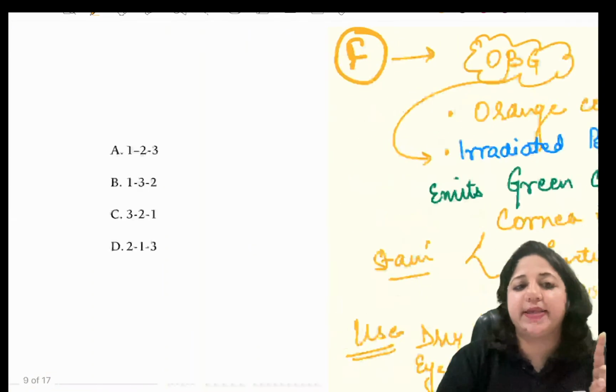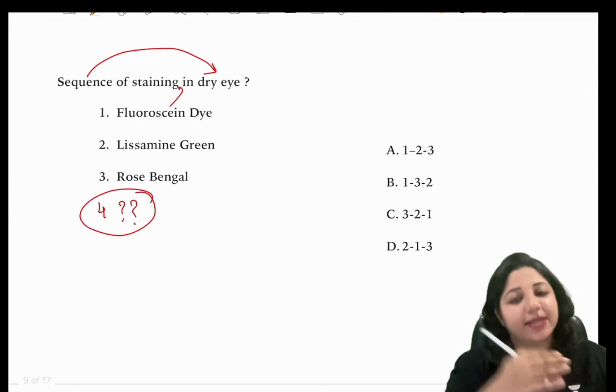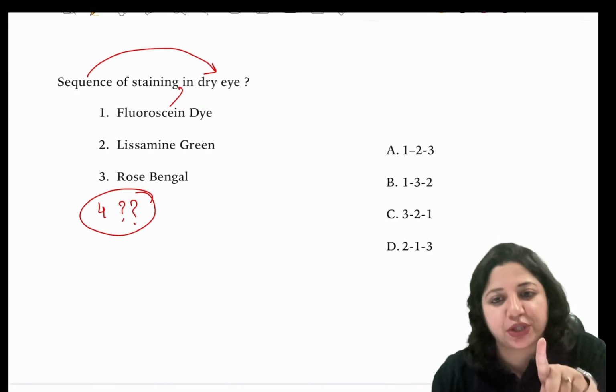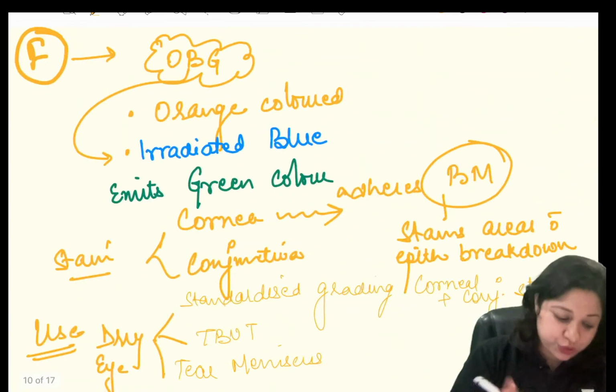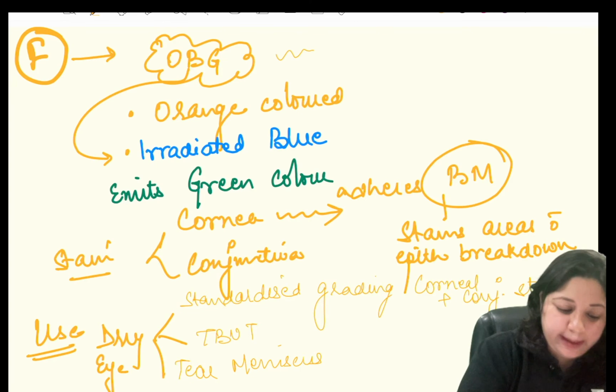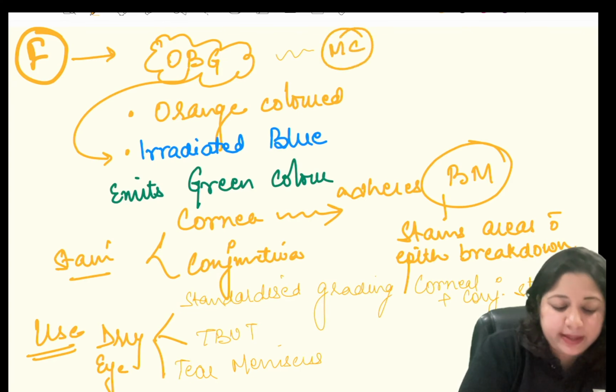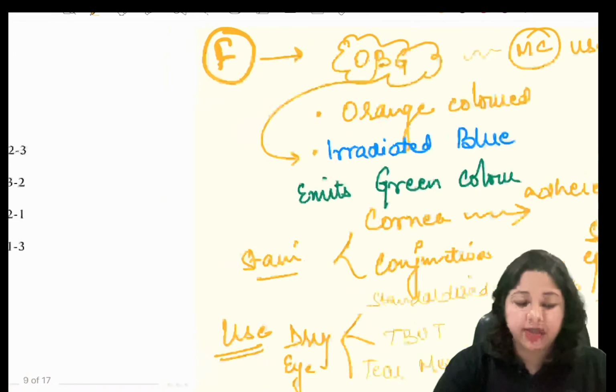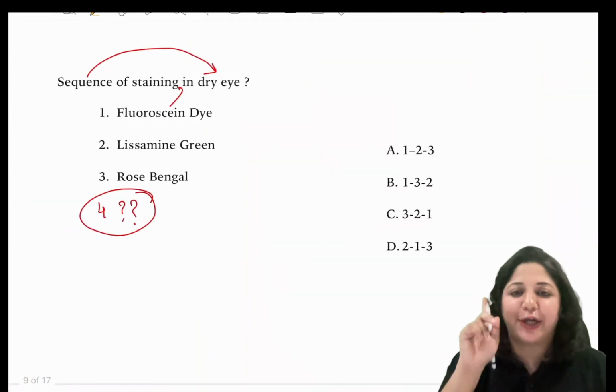So, since it is covering the sequence of dry eye and the sequence of staining also, it is the first option and the most commonly used stain, and also the most commonly used vital stain. So, seeing every possible manner what the question meant, the first option had to be 1.